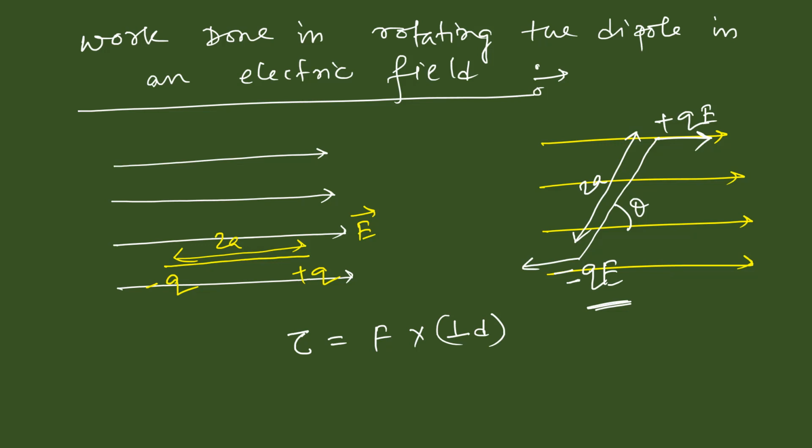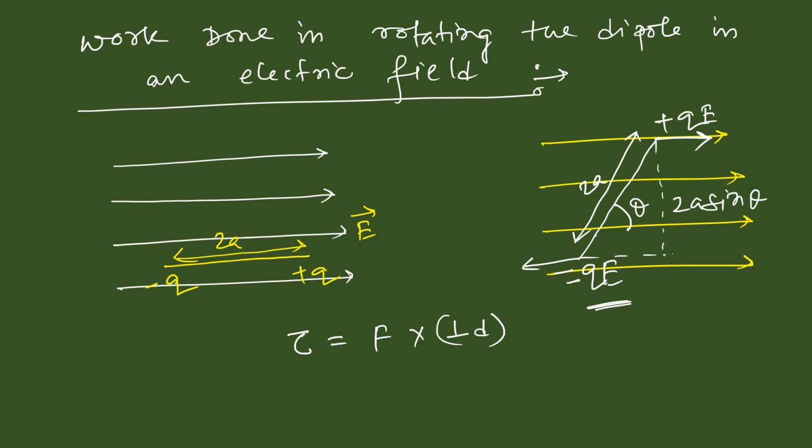To find out the perpendicular distance, we need the vertical component. So what should be the vertical component? In this way we should draw that one. Now if it is a right angle triangle and the hypotenuse is having the length of 2a, the perpendicular should have a length of 2a sin theta, because it is having an inclination angle of theta.